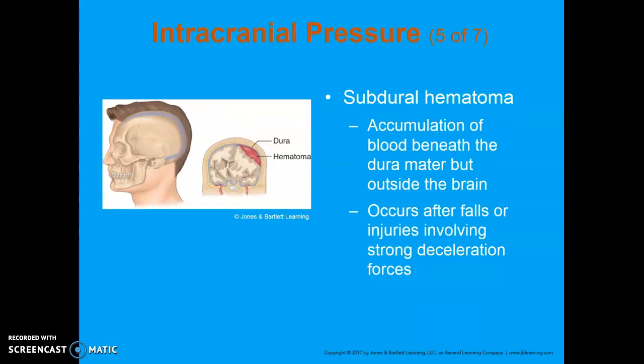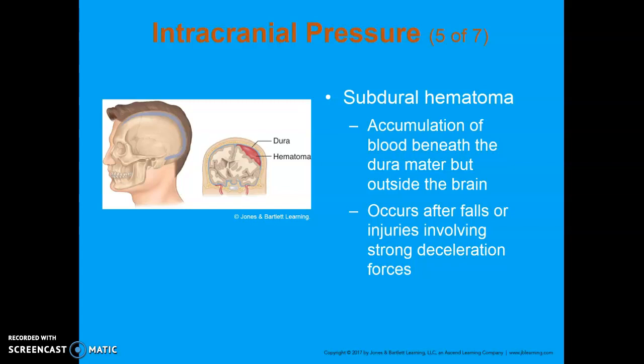A subdural hematoma is an accumulation of blood beneath the dura mater, but still outside the physical brain tissue itself. It usually occurs after falls or some sort of strong deceleration force. It's more common than epidural hematomas, but you don't necessarily have to have a skull fracture associated with it. A subdural hematoma is often venous bleeding, so signs typically develop way more gradually than with an epidural.